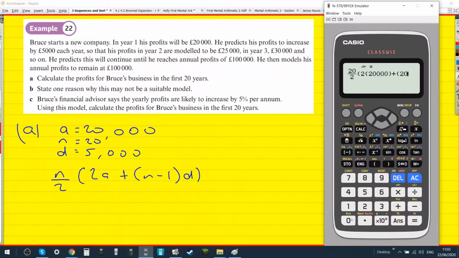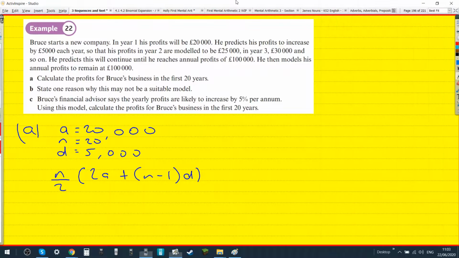I got 1.35 million, times d, which is 5,000. That's what I'm getting. Did I do something wrong? 2a plus n minus 1 d. Maybe I missed the second bracket, did I?